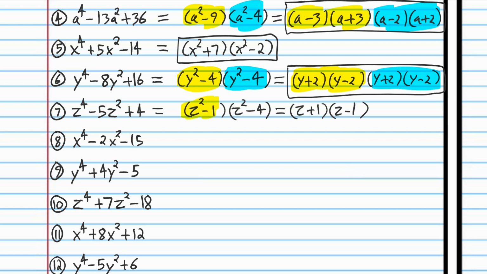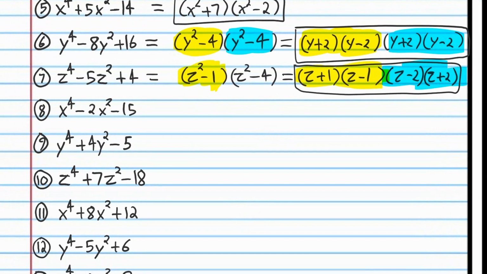That's the z squared minus 1. We factored that. And then z minus 2 and z plus 2. So if you got that answer, good job. All right, try number 8, and when you come back, we'll do it together.